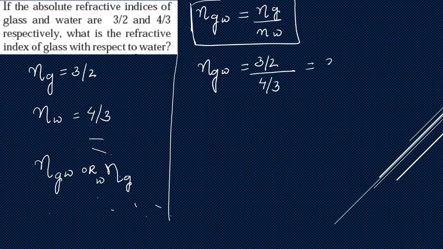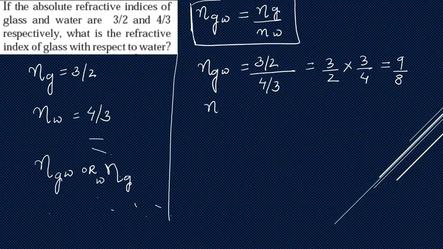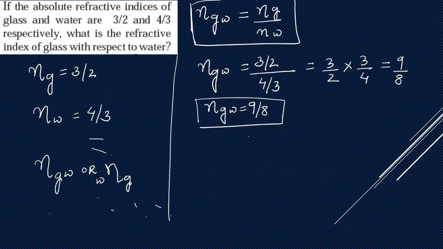So this is going to be 3 by 2 into, this will become reciprocal when it goes up, 3 by 4. So it's going to be 9 upon 8. Hence, the refractive index of glass with respect to water is 9 divided by 8. You can just divide it and it will come 1 point something.